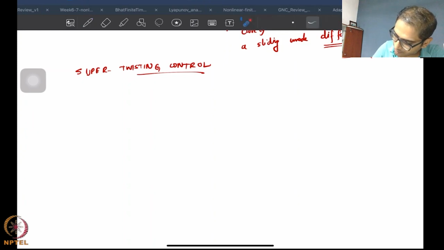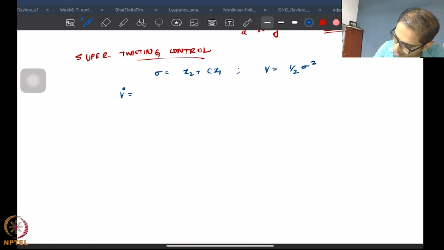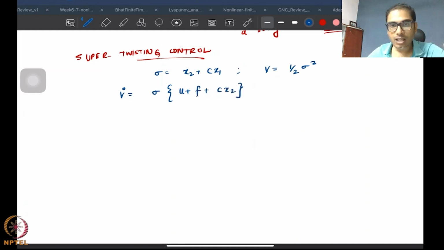You remember that we had sigma as x2 plus cx1, and we had V as 1/2 sigma squared. And of course you had x1 and x2. So if you look at V dot, it is sigma sigma dot, which is x2 dot, which is u plus f plus cx2. I am deliberately not writing the arguments of f just to save some space. And what did we do?